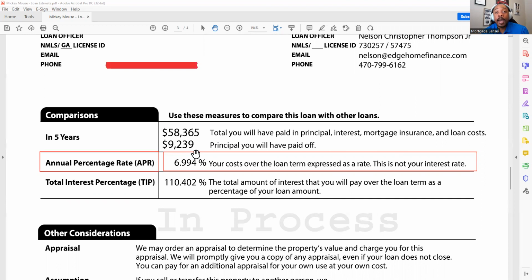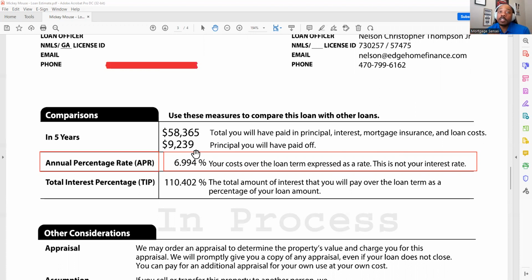If you're looking at a different loan program, say ABC Lender is quoting you an FHA loan, and you look at that APR, and then XYZ Lender is quoting you a conventional loan, the APR at XYZ may be better than at ABC, but maybe the ABC loan is actually better for you financially.